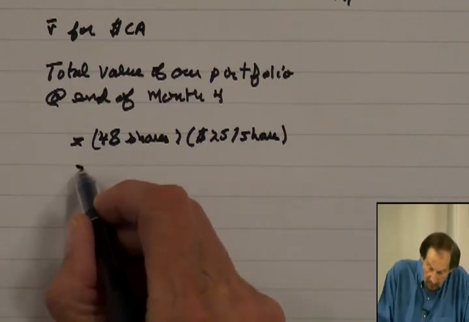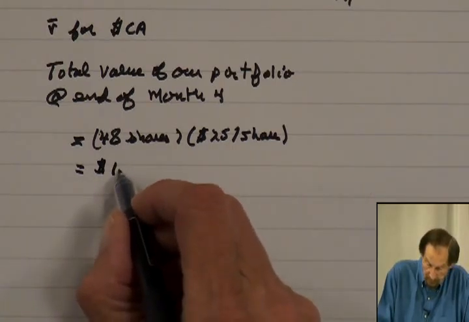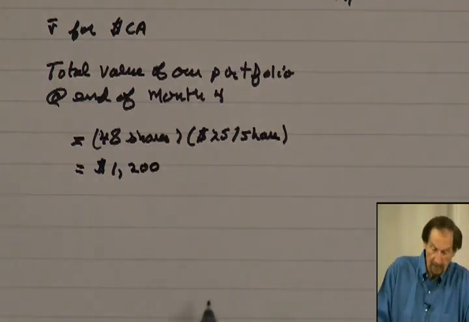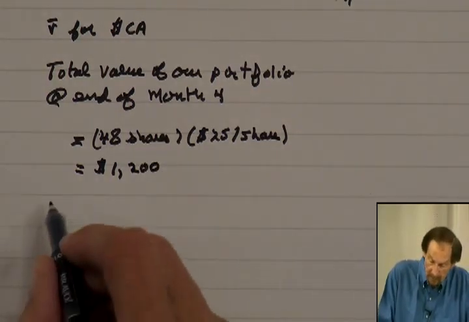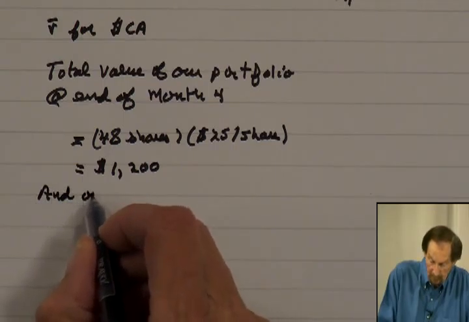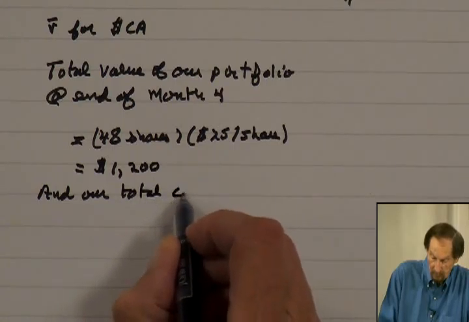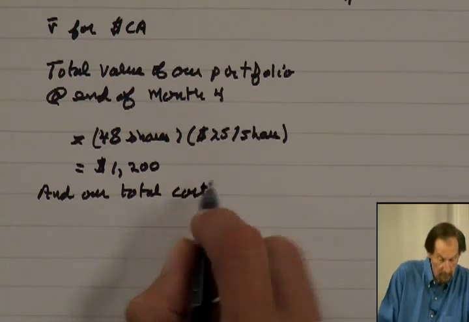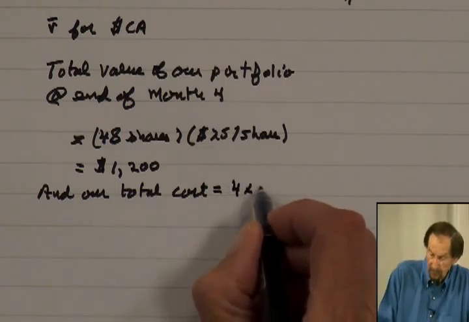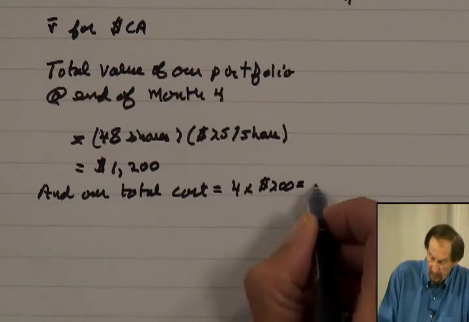So that equals $1,200. And our total cost equals 4 times 200 equals $800.